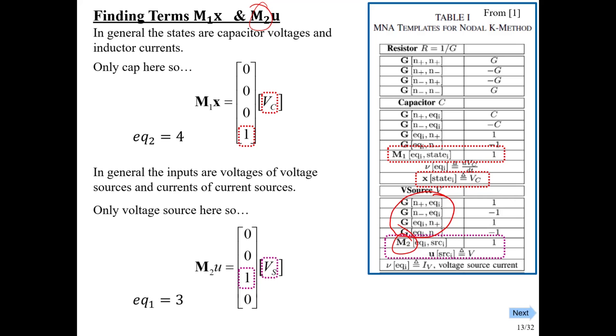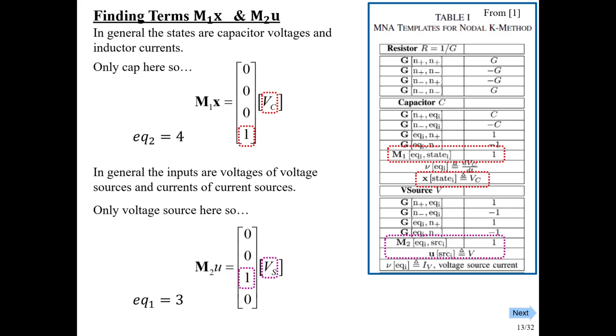Well, remember that was in the third position of V. So now we're going to put a 1 in the third position. And there's only one source, so M2 has just one column. And then this is a scalar for this case, just one column and one element. That's what we would put in there.